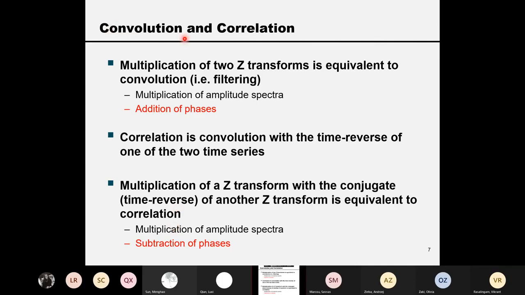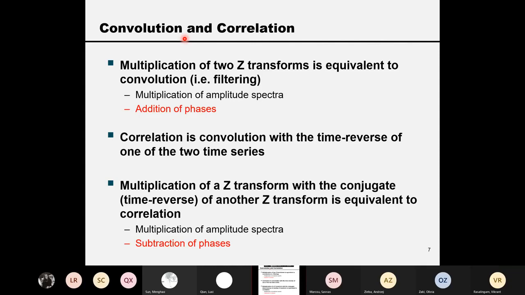In the time domain, we keep one time series in the ordinary order, but the second time series we make in reverse time order. And then you do the superposition, which means the convolution. But the correlation itself in the time domain, you simply take the two time series in the original time sequence and do the correlation, right?